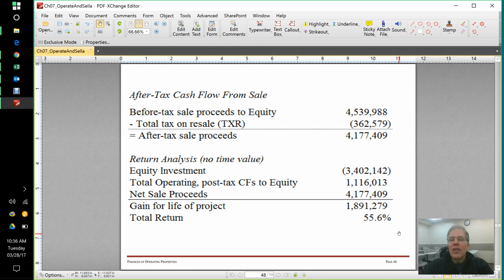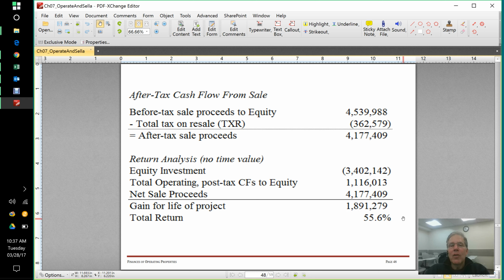So with that, we could do the simplest thing we could do before we even get to DCF, is we could do a return analysis on this, which of course has no time value. Okay, so what we're going to do is just take what we got out of the project minus what we put into the project divided by what we put into the project, and that's going to give us our total return.